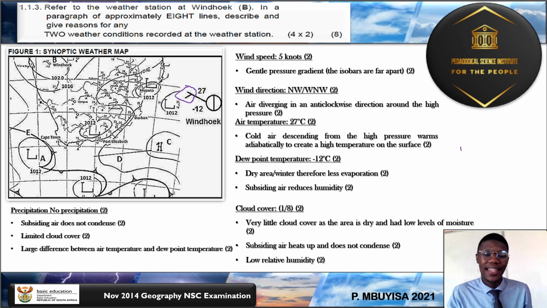And again, there's a large difference between dew point and air temperature. There's a large gap, and because of this gap, we won't have precipitation as a result. So that's how you answer questions on mid-latitude cyclones associated with synoptic weather maps. I hope that was beneficial for you.